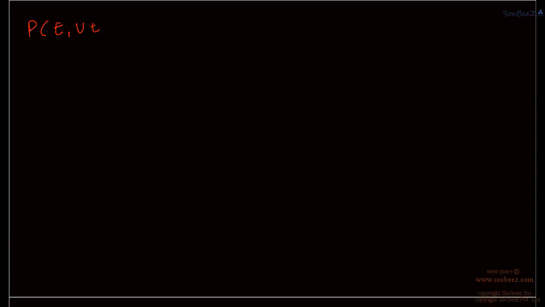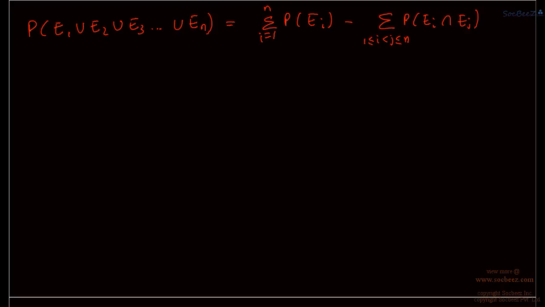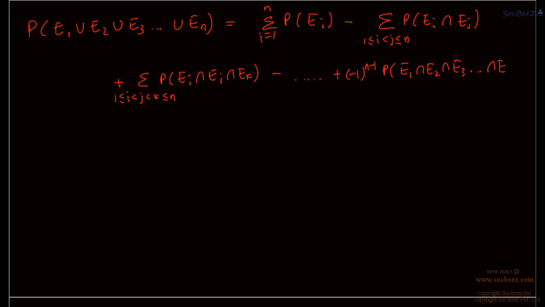So this is P of E1 union E2 union E3 all the way to En, equal to the sum from i equal to 1 to n of P of Ei, and so on. Right. This is my formula.